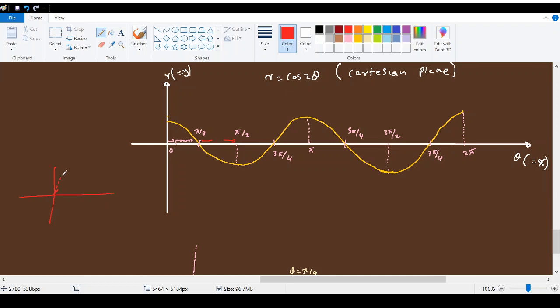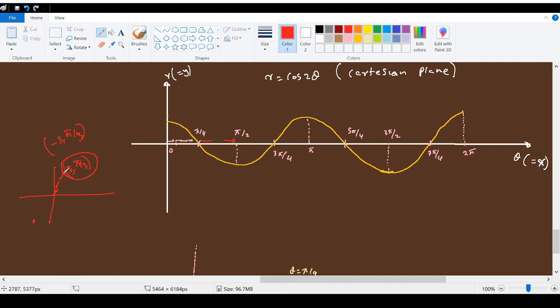Now for example, if we have a certain point in here with a radius 3 and an angle greater than 45 degrees and less than, let's say, pi by 3, which is 60 degrees. And if it is negative 3 and positive pi by 3, then you should get the right opposite point to this one. This point is the originating point of this one, but the only difference is the radius representation.